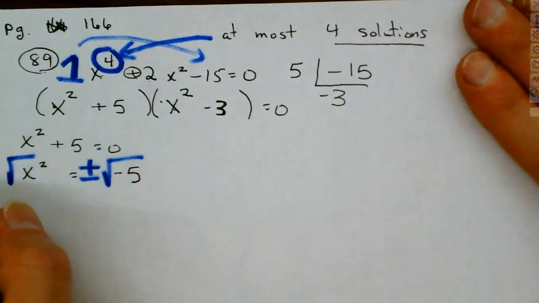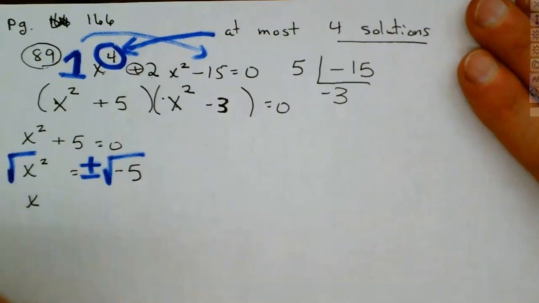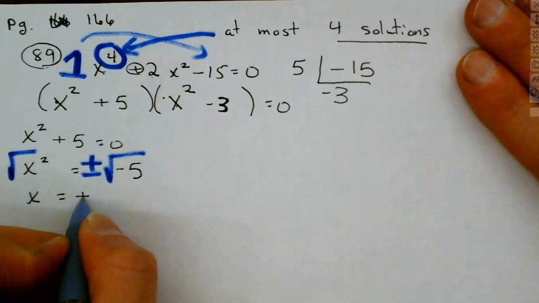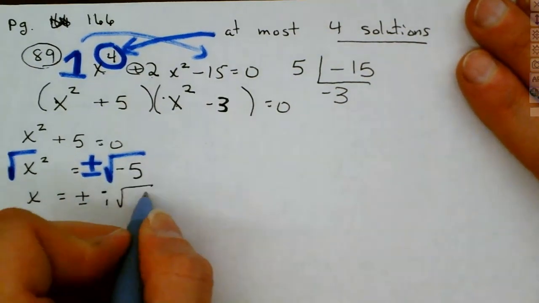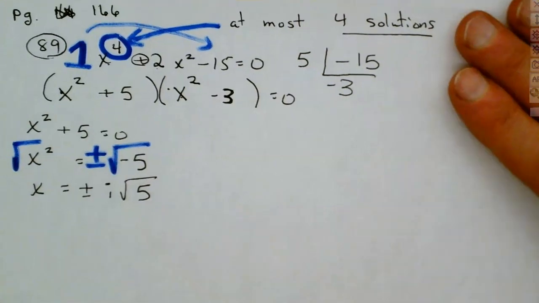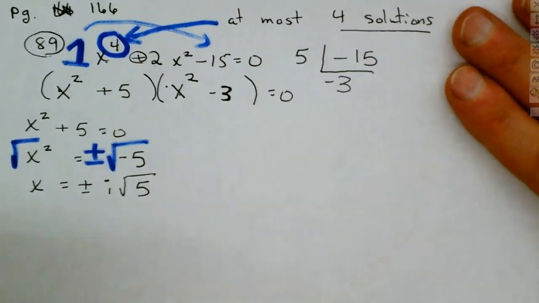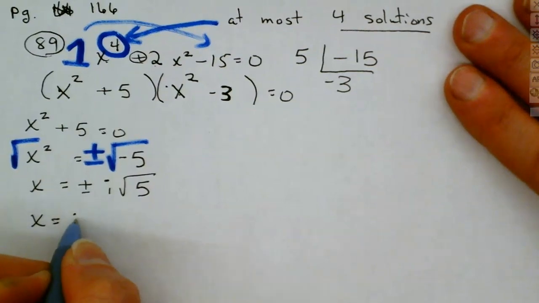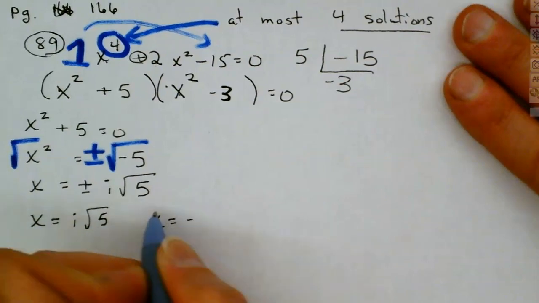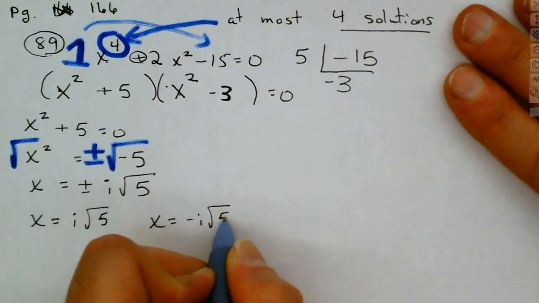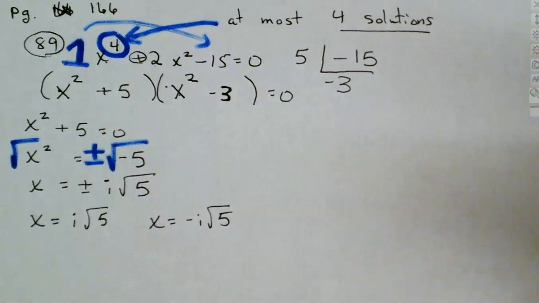That leaves me then with x equals plus or minus, the i comes out because that's negative, square root of 5. And so I actually have 2 solutions from here. I have x equals i square root of 5, and I've got x equals a minus i square root of 5.